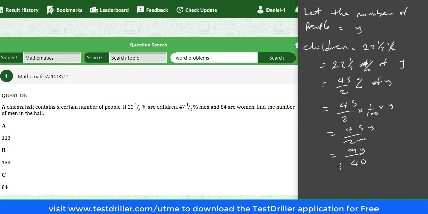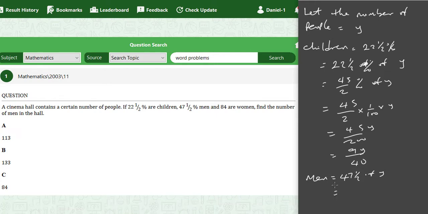So what about the number of men? For the number of men, you do the same thing. For men it is 47 and a half percent of y. Now you can write it as an improper fraction: 47 times 2 gives you 94 plus 1, so that's 95 over 2.